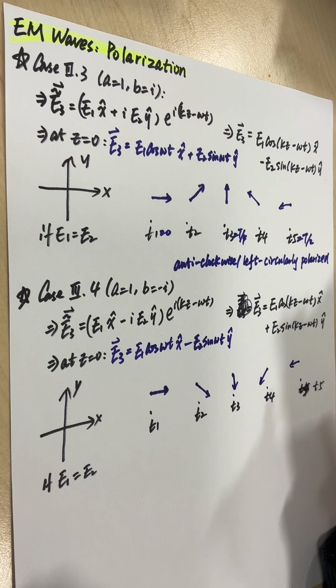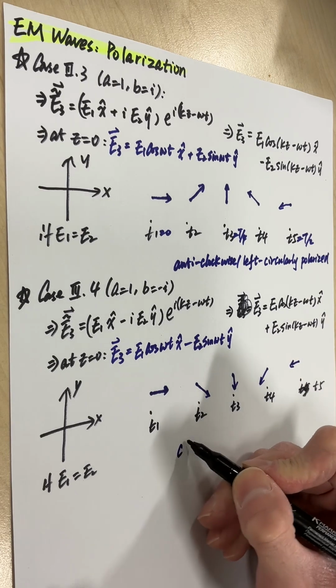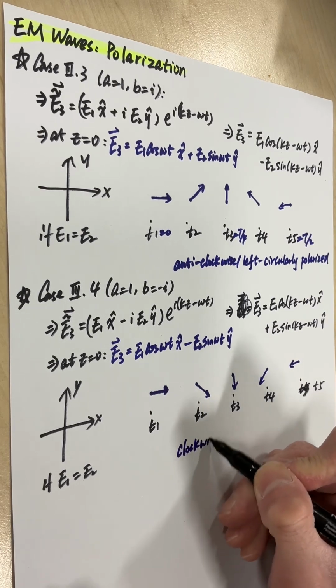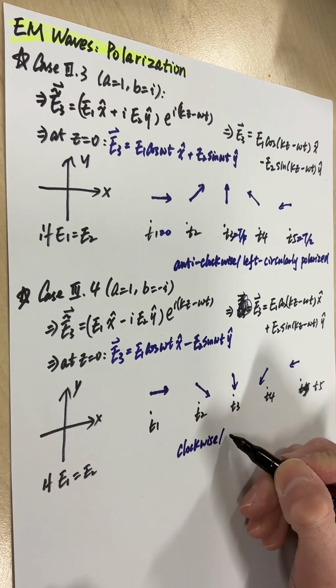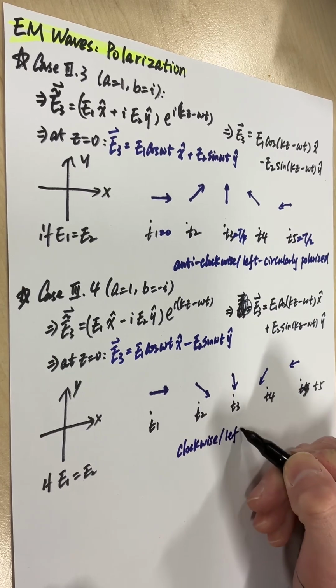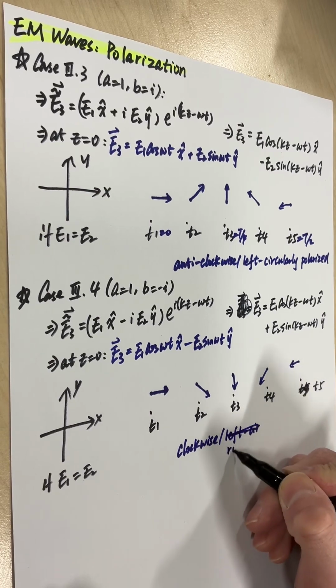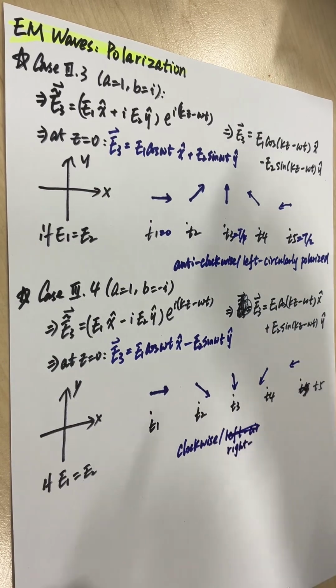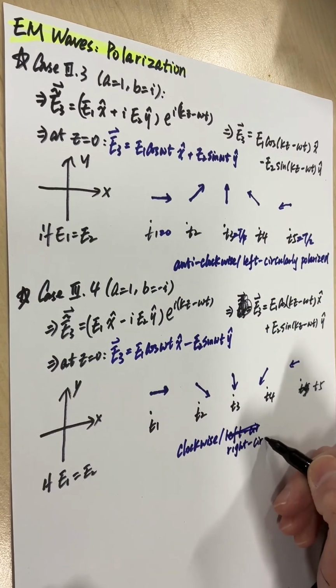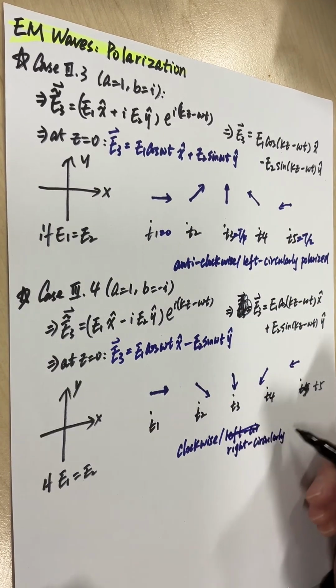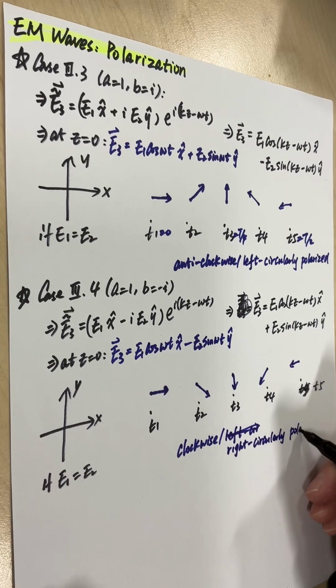So it becomes clockwise. So we call it clockwise, right circularly polarized.